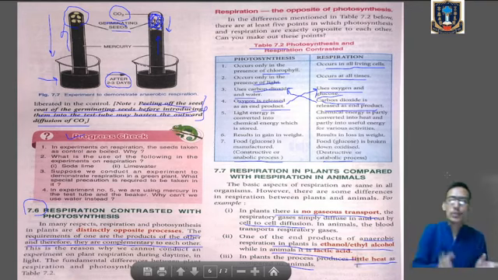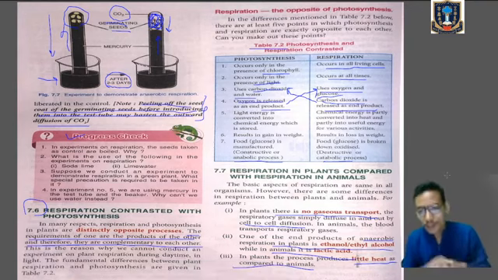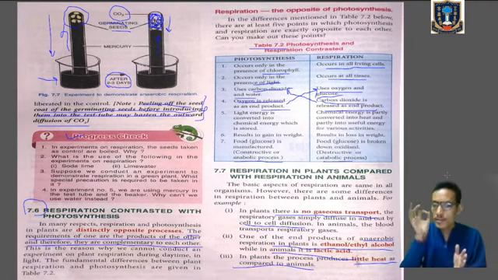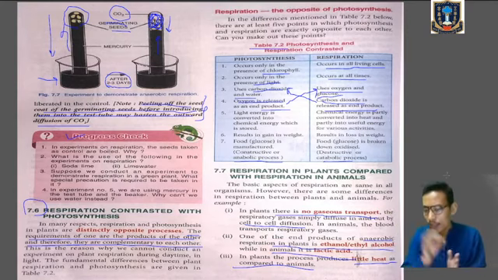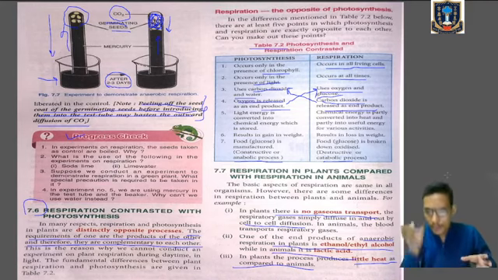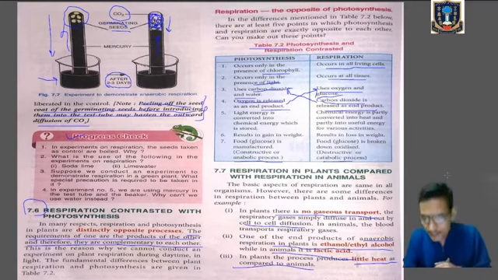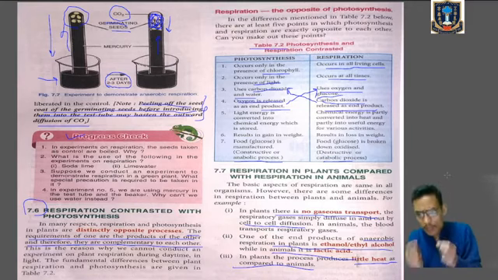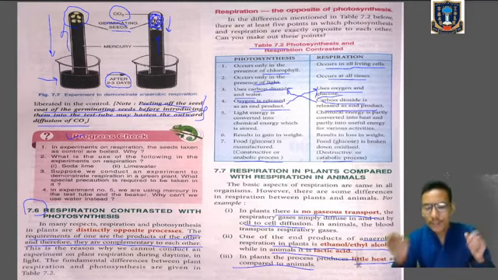So there is the difference between respiration in plants and animals. Clear? So in plants there will be cell to cell diffusion of gases; in animals it is done with the help of the blood. In plants, the end product of anaerobic respiration is ethanol or ethyl alcohol, whereas in animals it is lactic acid. In plants, a little amount of heat will be produced as compared to animals.